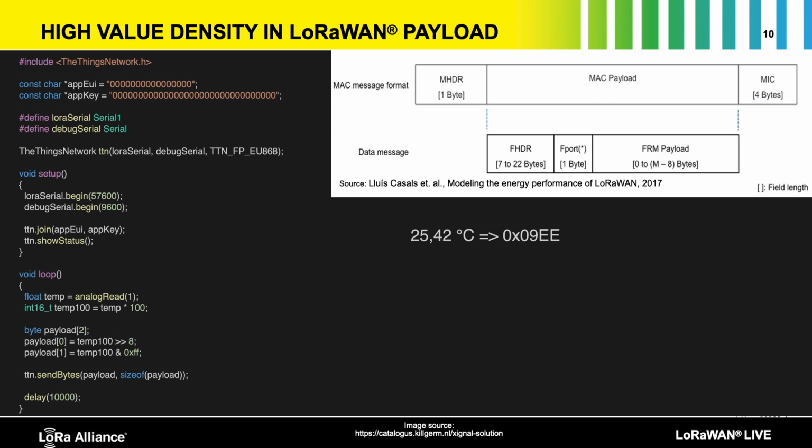So in the case of, let's say, a temperature reading, while we would be used to having this in text, the text that says temperature is 25.42 Celsius, we can actually just encode that as a binary number, and we only have to spend 2 bytes, which is very efficient. Now, this doesn't mean that all of our platforms are going to have to speak in binary, but what goes over the air is going to be very efficiently and tightly packed.